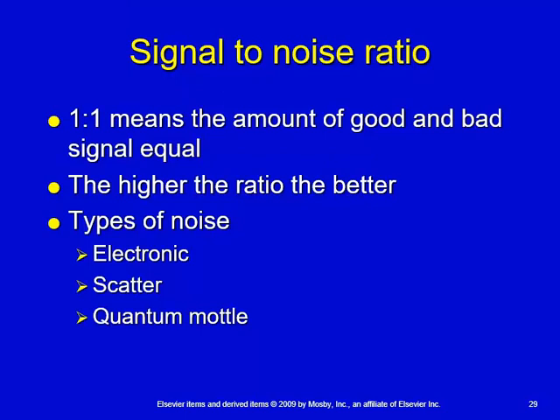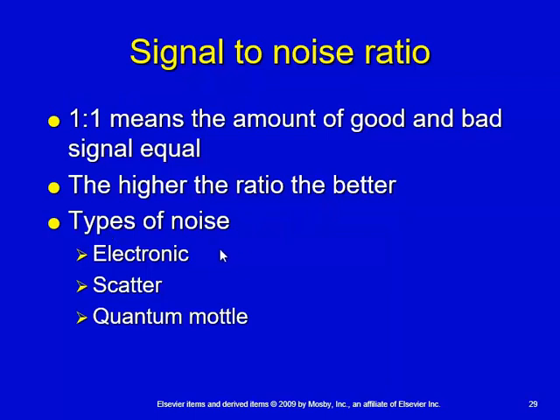So signal to noise ratio is the amount of good signal that we have versus the amount of bad signal that we have. So a 1-to-1 ratio means that the good signal and bad signal are equal. What we want in signal to noise ratio is the higher signal and lower noise. There are a lot of different types of noise that we can have.